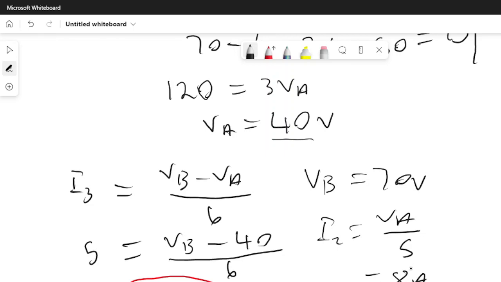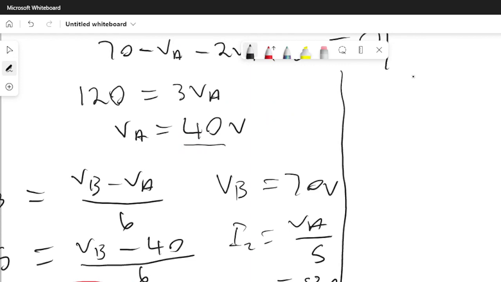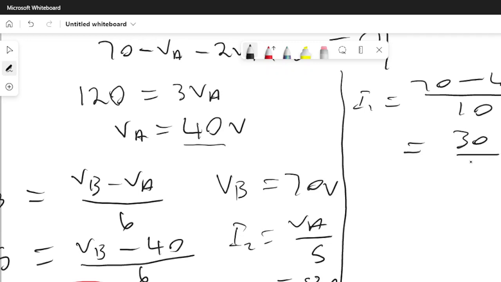So I1 equals 70 minus VA, which is 40, divided by the resistor of I1, which is 10. So 70 minus 40 is 30, divided by 10. My I1 is equal to 3 amperes.